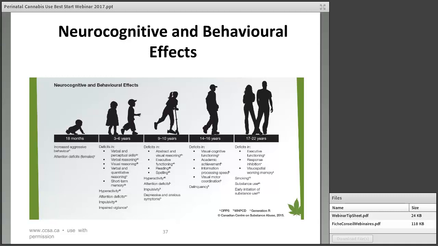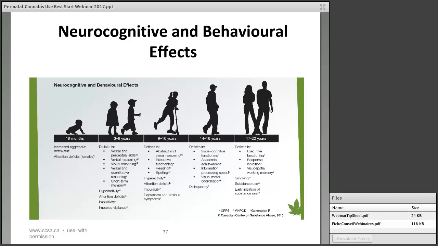Both of them found areas of concern as early as age 3 to 6, including deficits in cognitive function, behavioral, and academic problems. Some of the outcomes varied slightly between the two studies. However, even though these findings started at 3 to 6, they persisted into adulthood. So when they reported their outcomes at 17 to 22 years, there were still ongoing concerns.